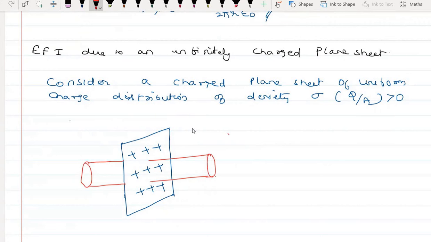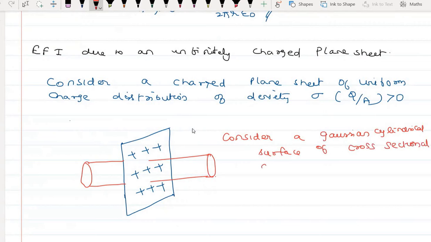So now we consider a Gaussian surface, Gaussian cylindrical surface of cross-sectional area A. Directly I am considering the area. Okay, cross-sectional area means what? This area is A. Okay, so I have taken.